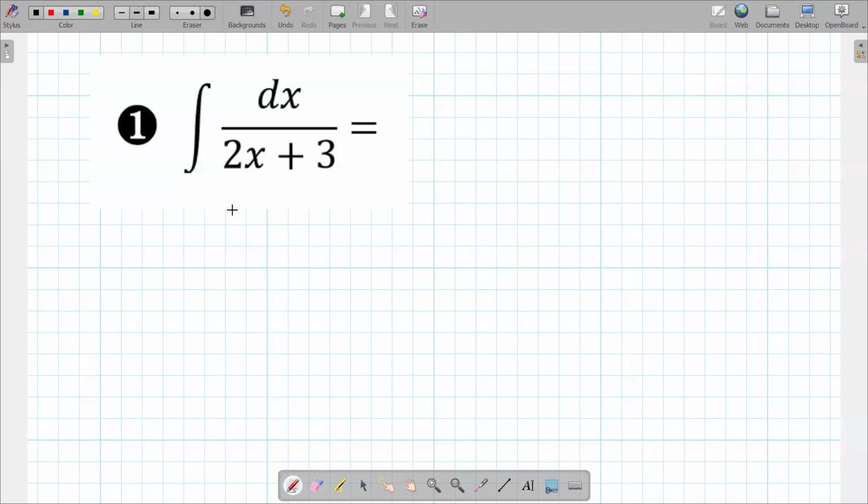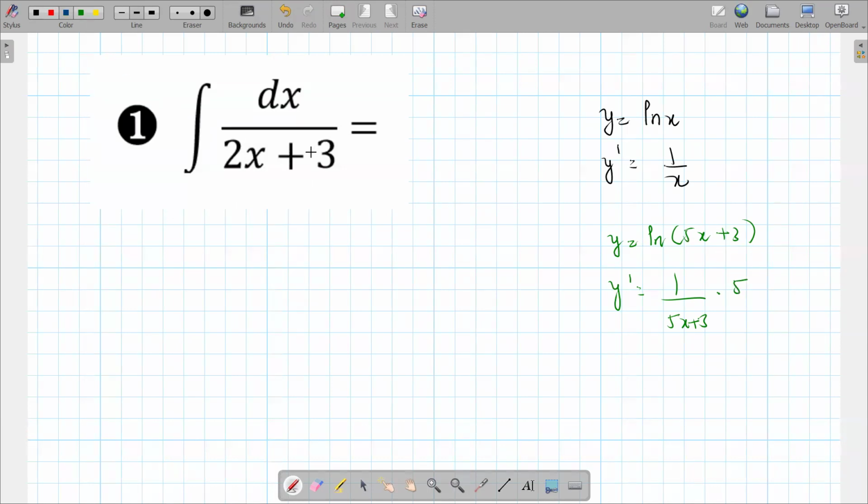Here's the first one. Here's the idea. If y is ln of x, y prime would be 1 over x. Here's another example. If y is ln of 5x plus 3, y prime would be 1 over 5x plus 3 times the chain rule component 5.